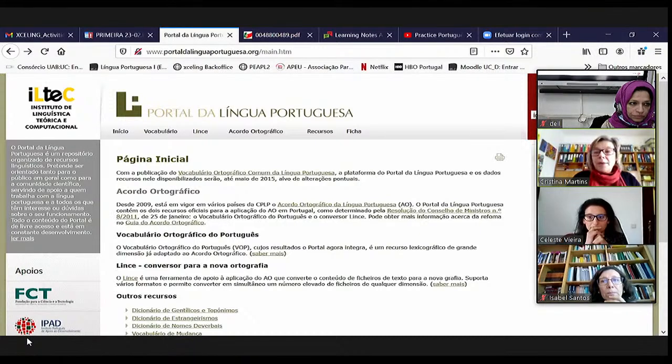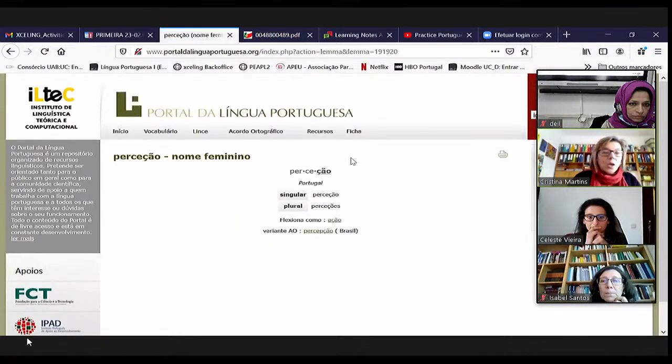So if we write percepção, there it is, percepção here in the VOP, we will access a range of important information regarding this word. We have a word classification.